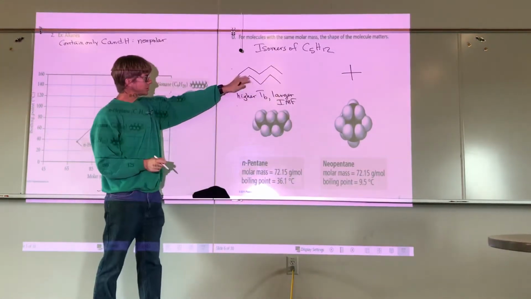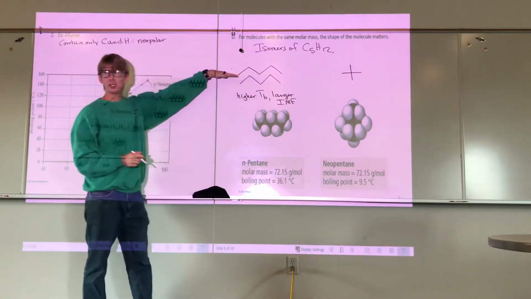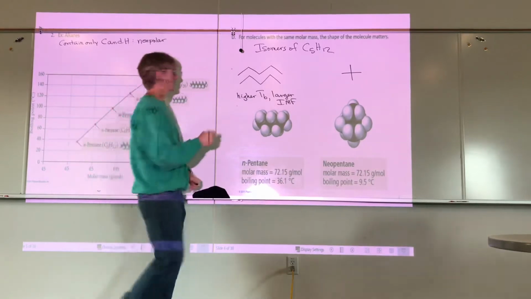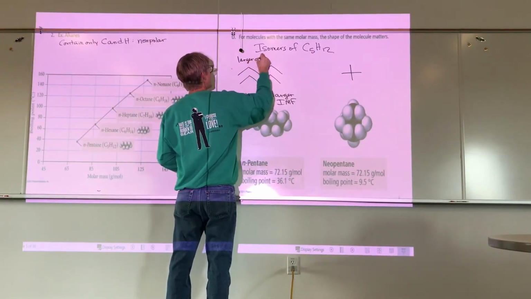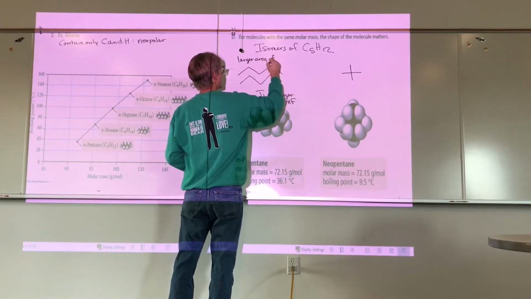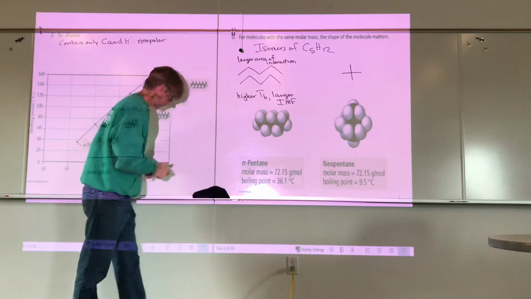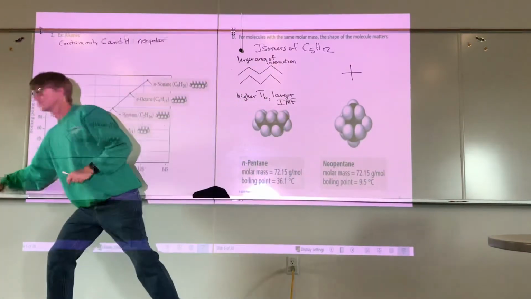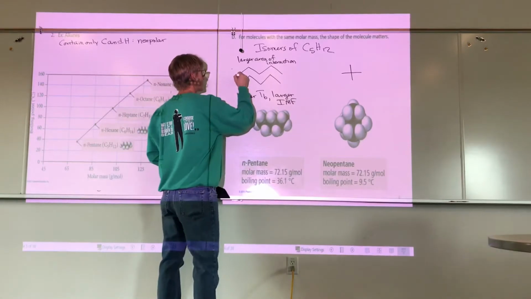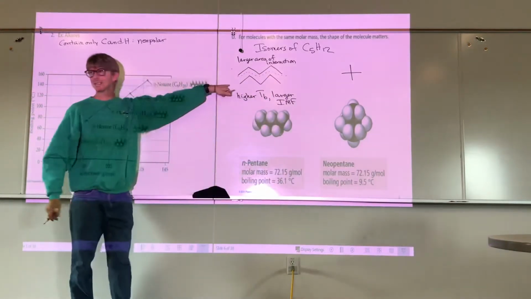Two molecules of n-pentane will have a larger area of interaction, as denoted in red.